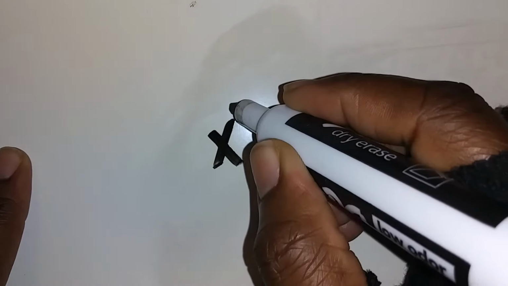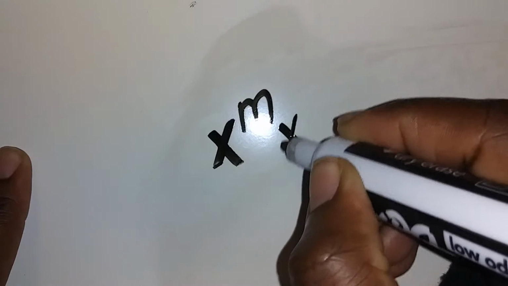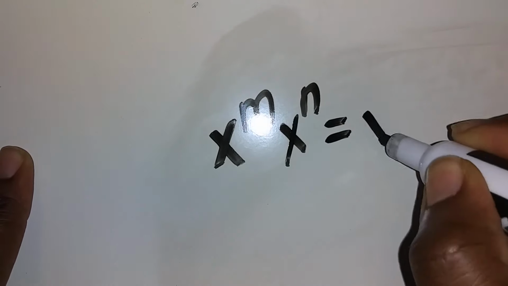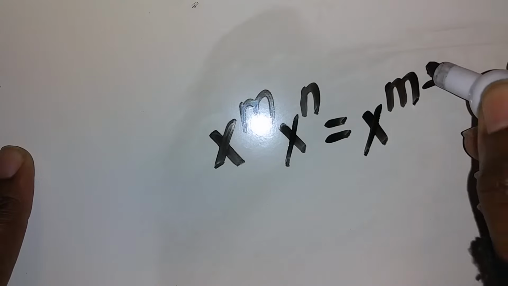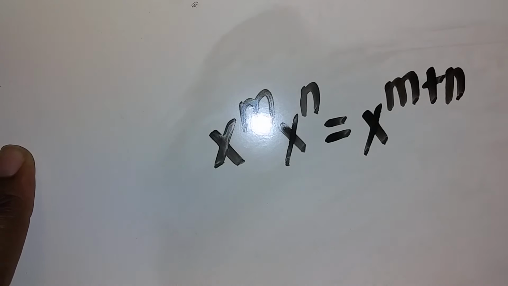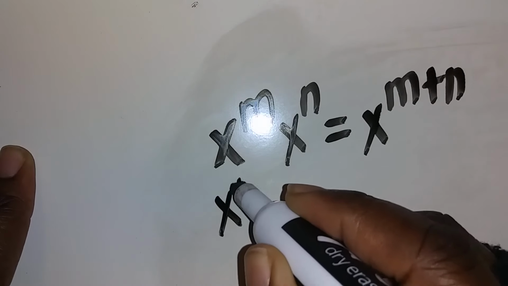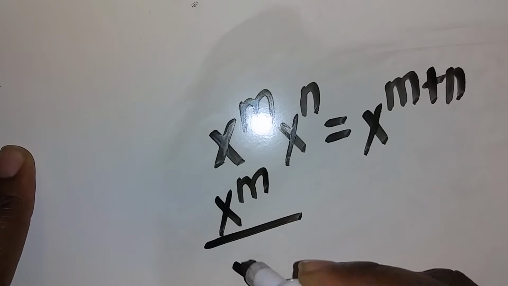So the first rule is, we remember that we have x to the nth times x to the n. When you multiply, we know we have to add the exponents. When you divide, I have x to the nth over x to the n.